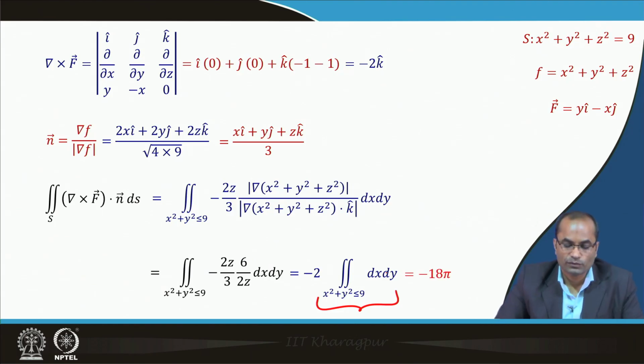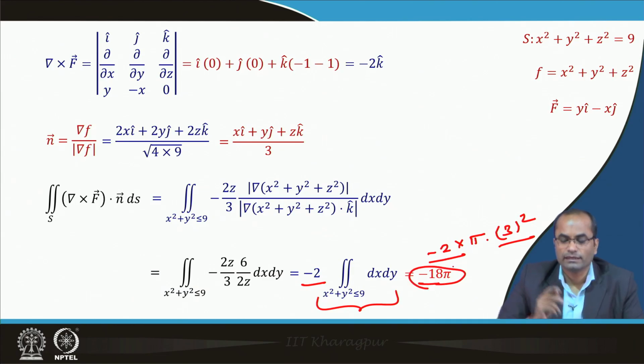So, it is pi r square. So, minus 2, and then we have minus 2 into pi, and r is 3. So, 3 square, 9. So, minus 2 times 9, minus 18, and then pi.